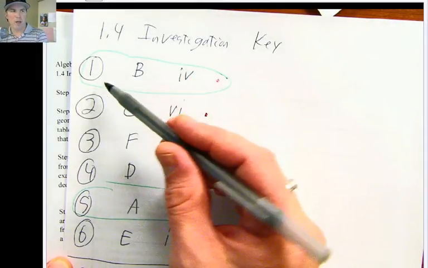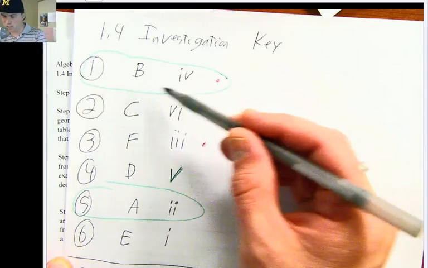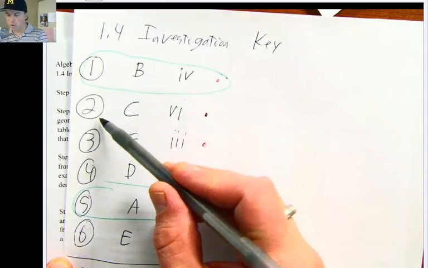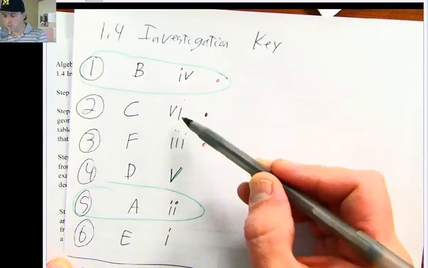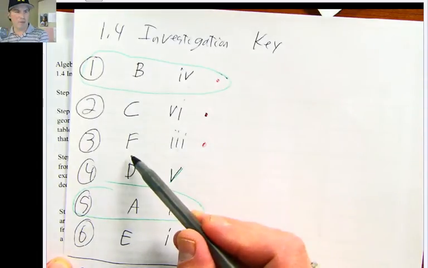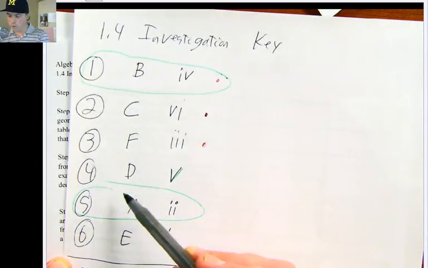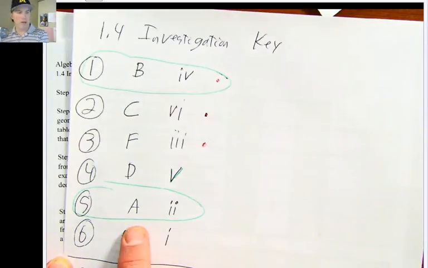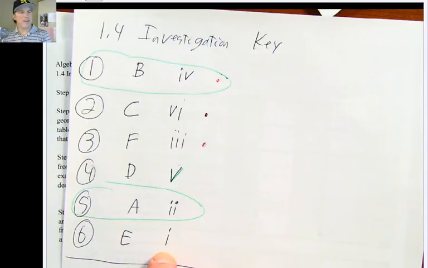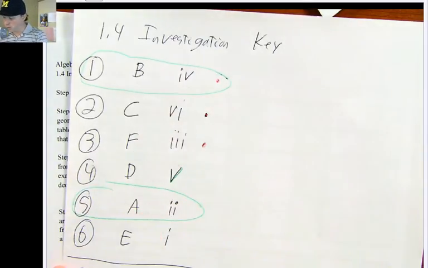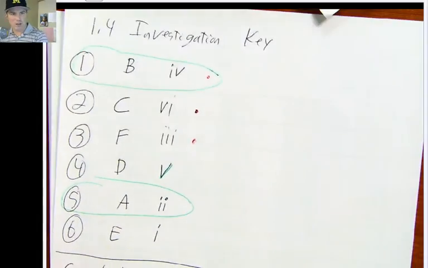So number 1 matched up with equation B, which was graph 4. 2 matched up with equation C, which was graph 6. 3 was F with 3. 4 was D with 5. 5 was A with 2. And 6 was E with a 1. I'd like to take a minute just looking at the ones that I circled here a little bit further.